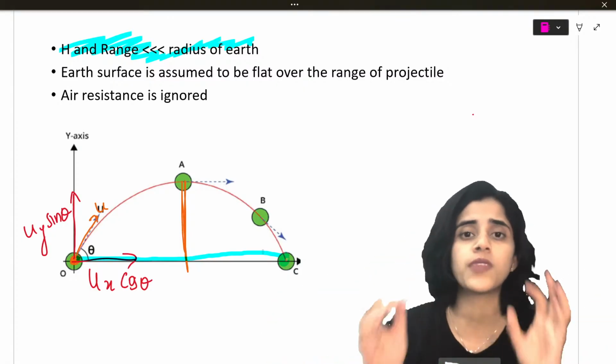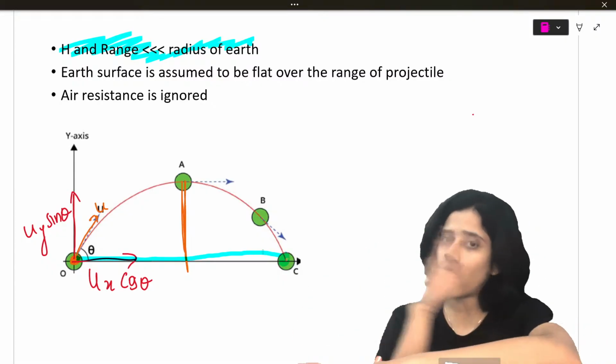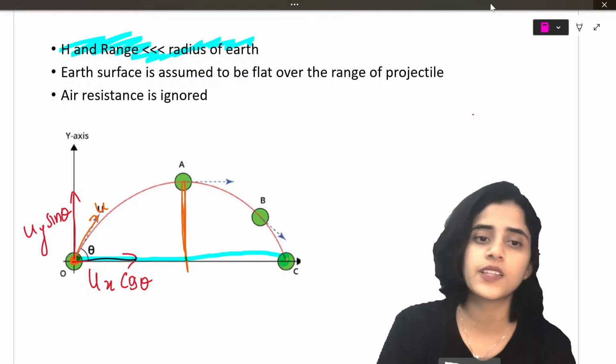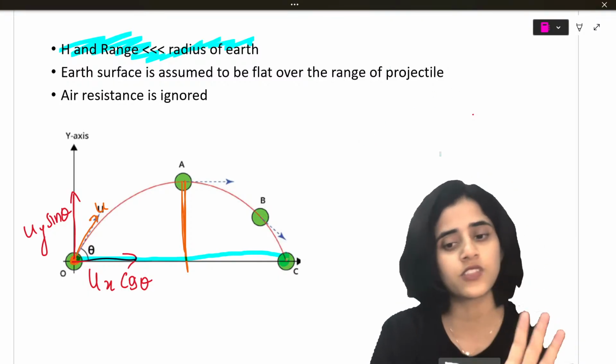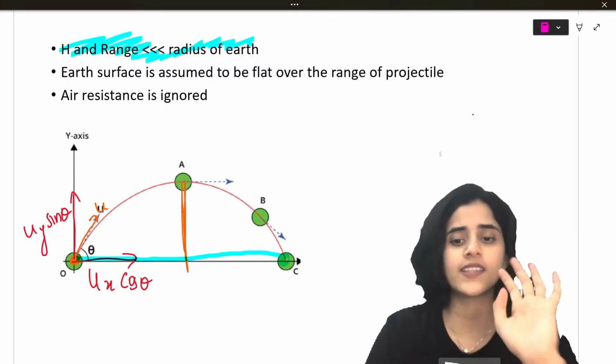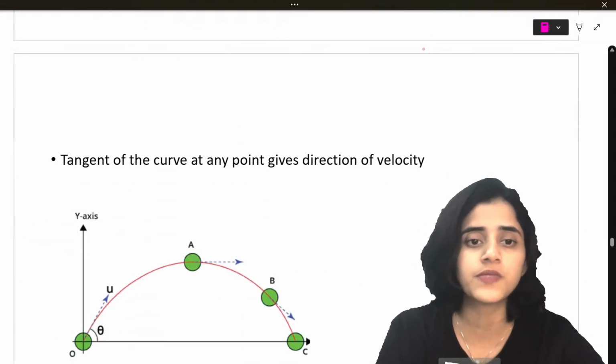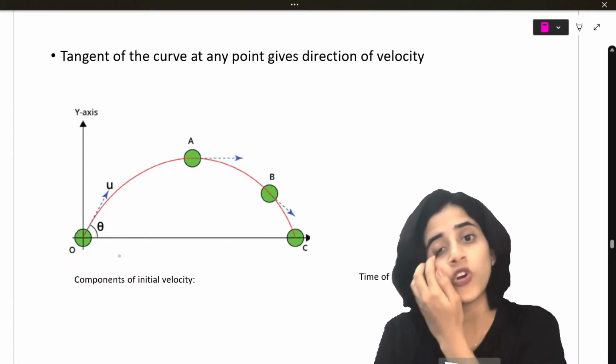So you assume that the earth is flat over the range where you throw the projectile. Air resistance is also ignored. No air resistance.